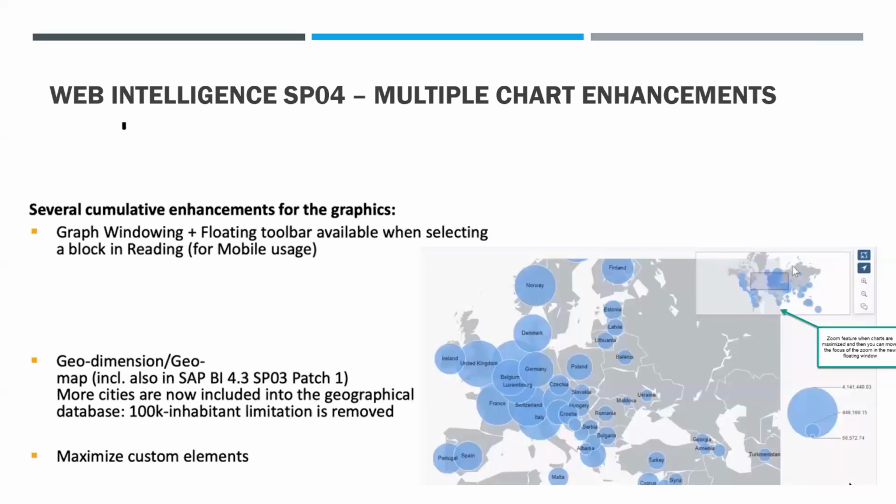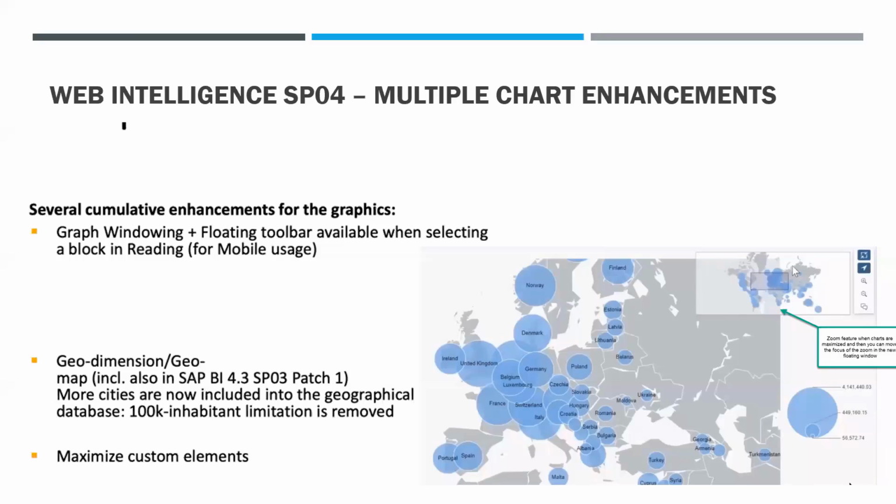The maps, this is kind of a nice, cool feature that they added. So you can now zoom into the map, and then they have this little floating window here. And you just move that floating window, and it takes the zoom to that new area. So if I moved this little floating window down to Africa or over to Asia, it would focus in on that area, at that same zoom level.